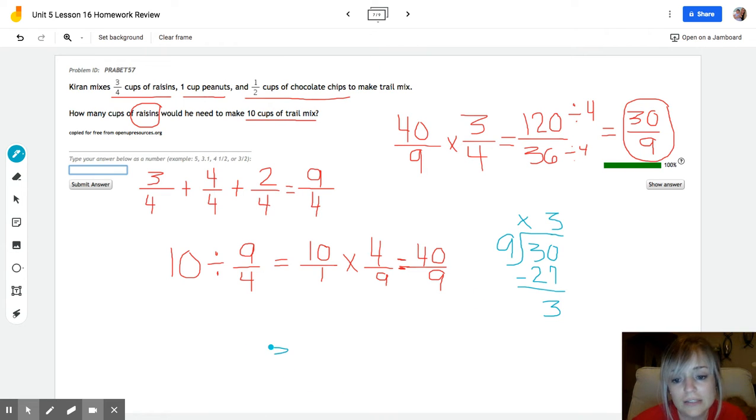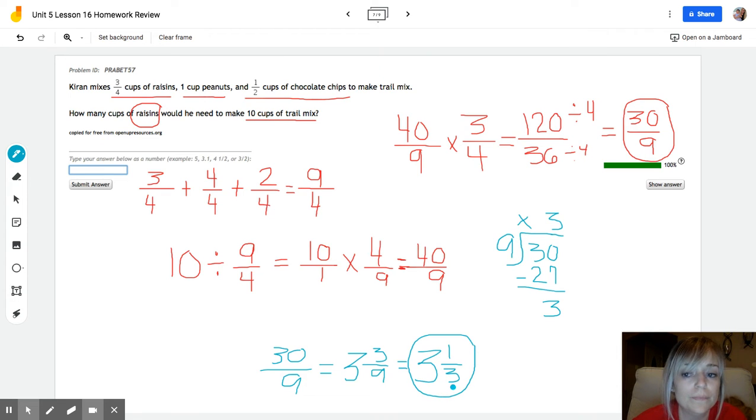So 30/9 is equal to 3 and 3/9, which can also reduce. 3/9 can reduce to 1/3, so 3 and 1/3. Okay, so 3 and 1/3 is how much raisins would be in there for 10 cups of trail mix. 30/9 or 3 and 1/3.